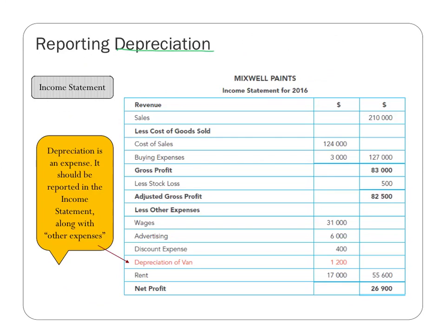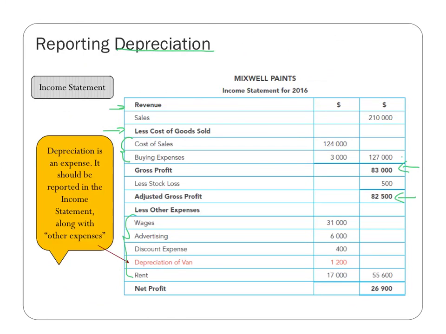Now let's have a look at this one, Mixwell Paints income statement for 2016. You have your usual headlines: revenue, sales, less cost of goods sold. Remember what to include in the cost of goods sold: all the costs that are incurred or necessary to bring the goods to a position and location ready for sale. So sales minus cost of goods sold gives you the gross profit. Less stock loss gives you the figure for adjusted gross profit, and less other expenses.